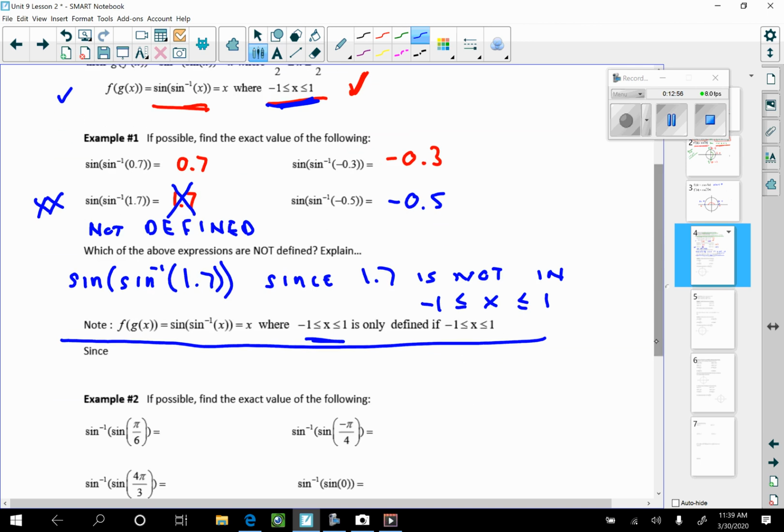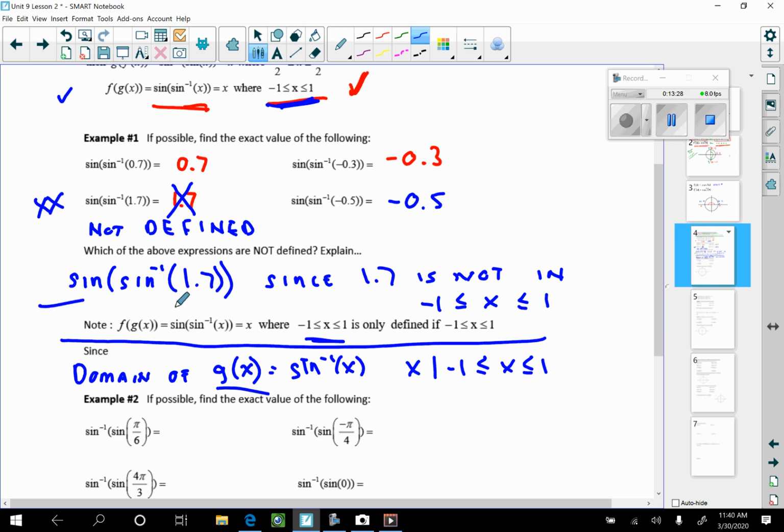That's true since the domain of this guy right here, which we're going to call the inverse sine, is only x such that x is between -1 and 1. If x is not between -1 and 1, this guy is not defined. So I'm taking the sine of something that's not defined. And that's exactly why this guy here was not defined.